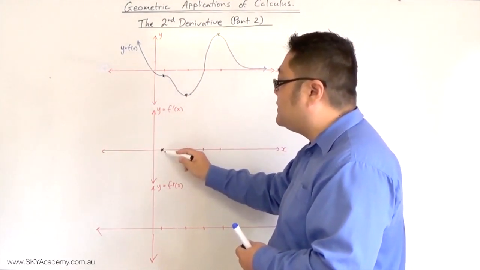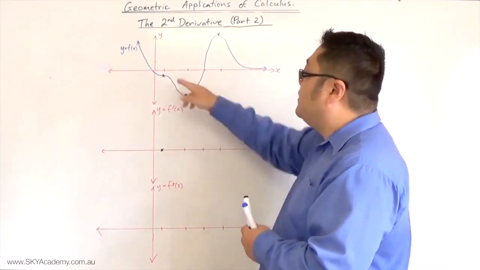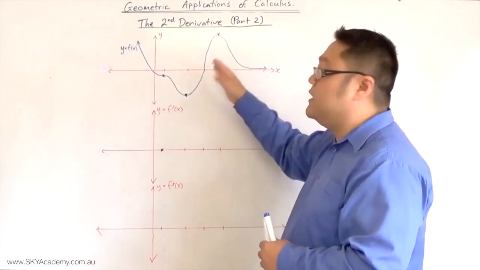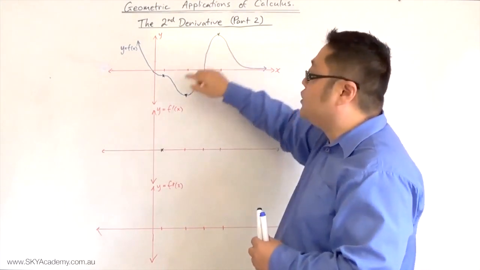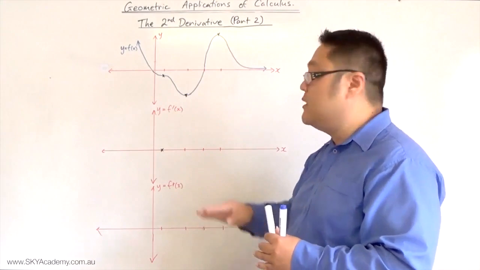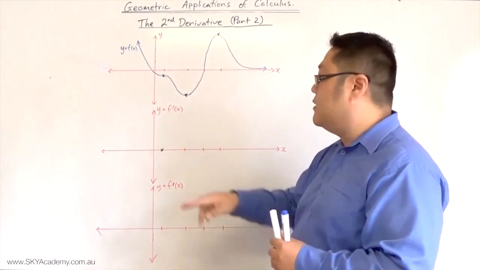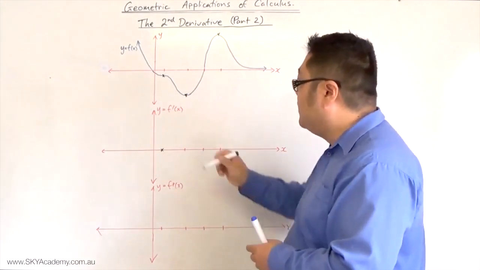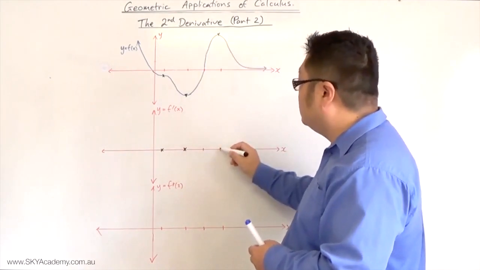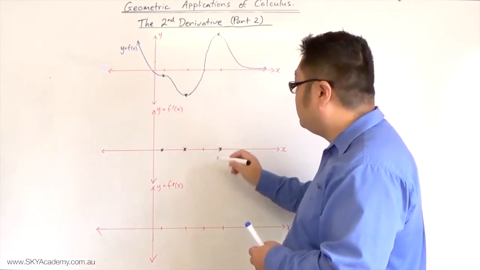We know that at these three stationary points, two of which are turning points and one is a point of inflection, the gradient function will equal 0. So I'm going to put a little cross there, a little cross there, and a little cross there.